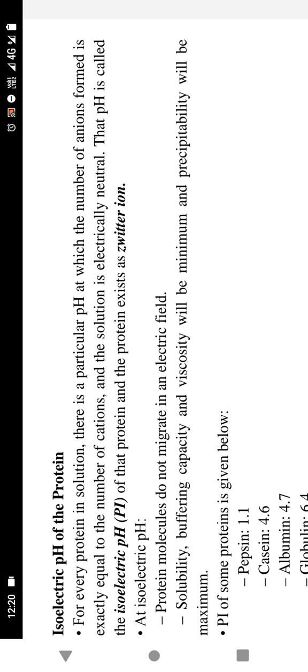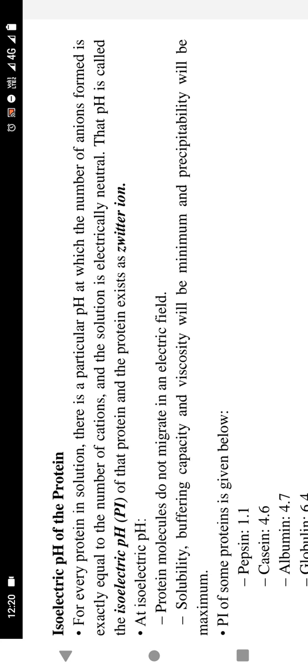That pH is called the isoelectric pH, or PI, of the protein. In this state, the ions are called zwitterions, meaning equal numbers of anions and cations.